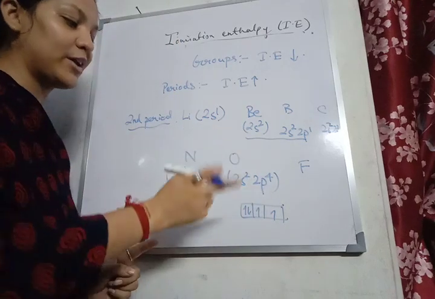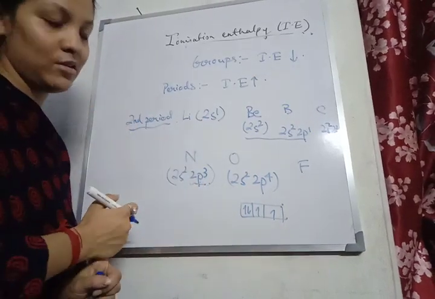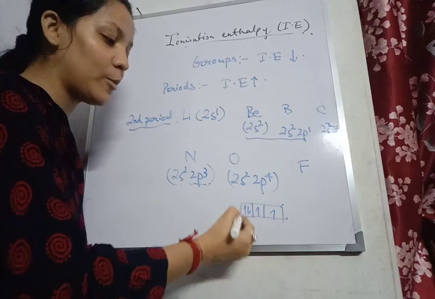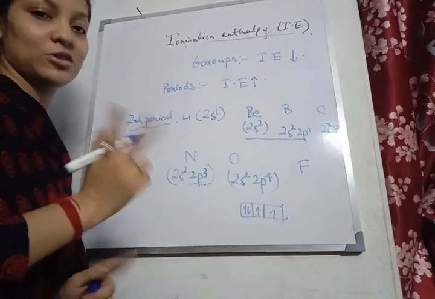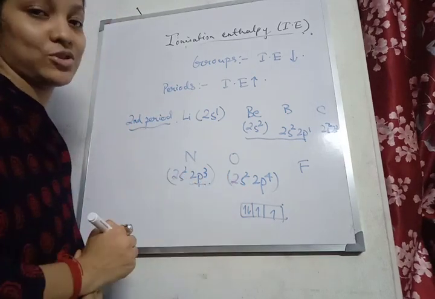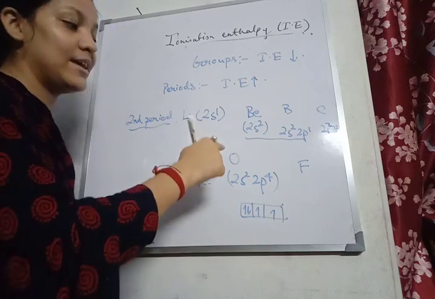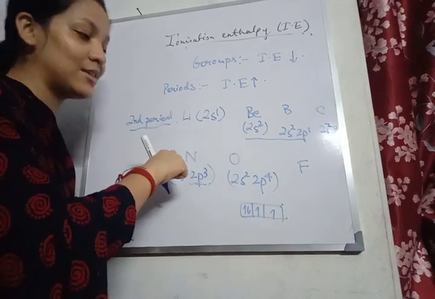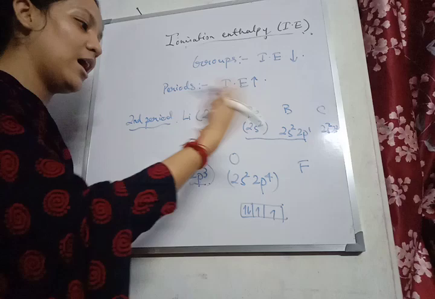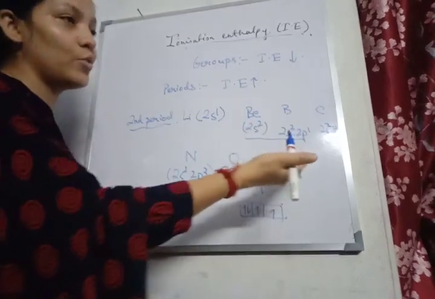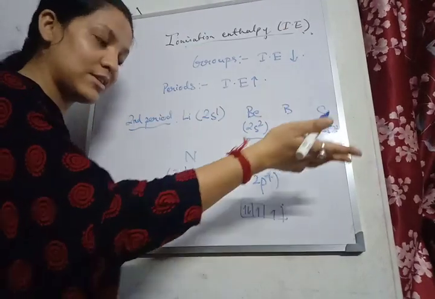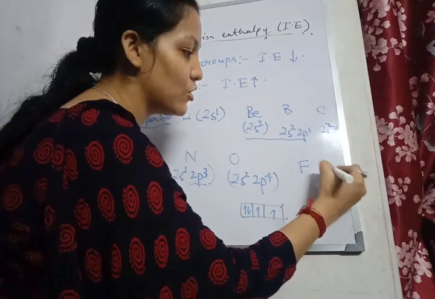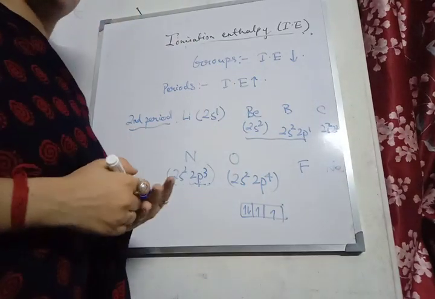In oxygen, first, it is distorting the half-filled configuration. Second, in one orbital we have two electrons with opposite spin, which means there is inter-electronic repulsion. Due to that, its ionization potential will be much lesser than that of nitrogen. Now as we move from oxygen to fluorine, its ionization energy increases, and then finally to neon, it also increases.